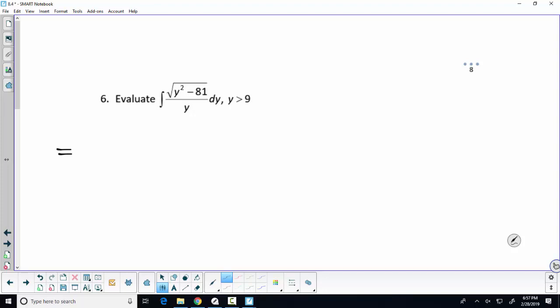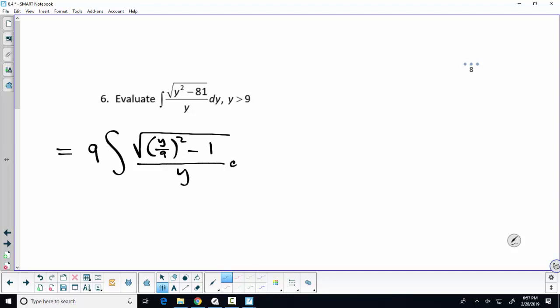Factor out the 81 from the root. I have y over 9 quantity squared minus 1 all over y dy. Similar structure under the radical as we had in that last example, right? We've got a square minus 1. Our substitution, y over 9 is the secant of theta.